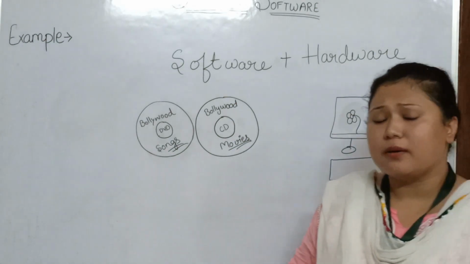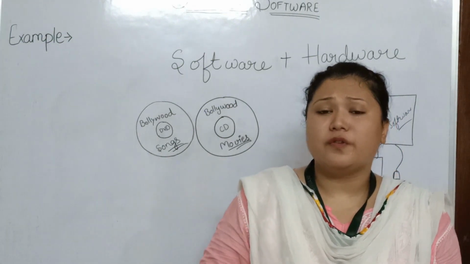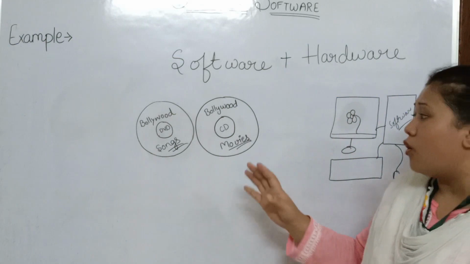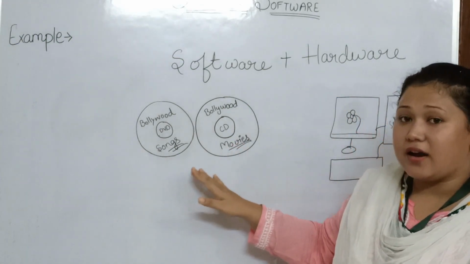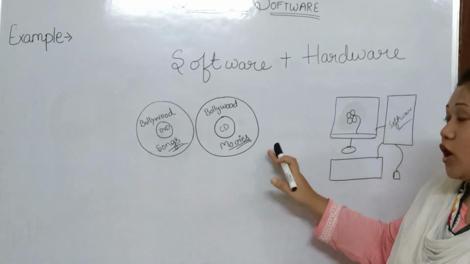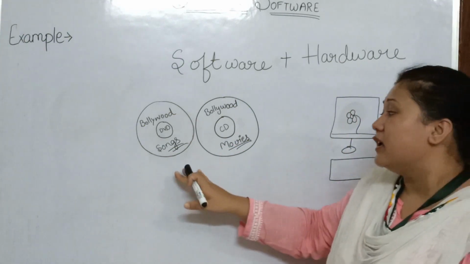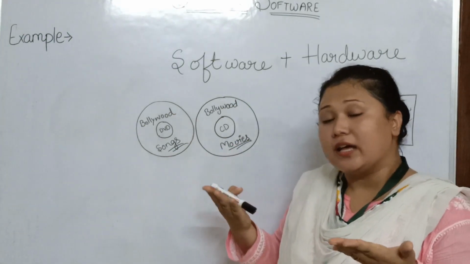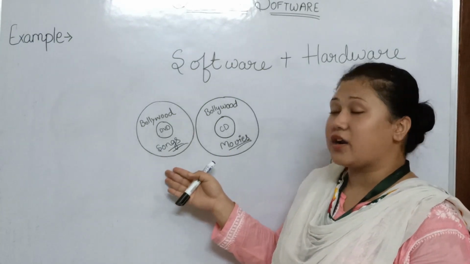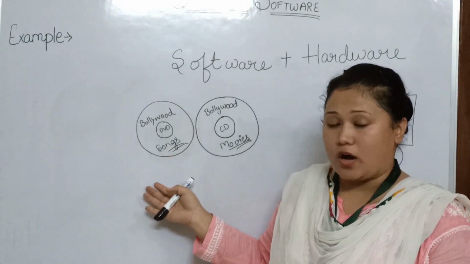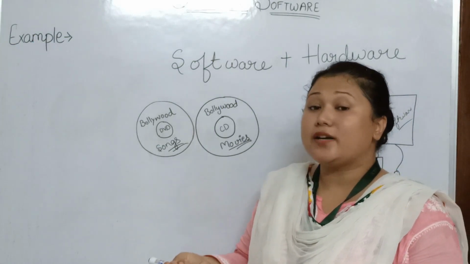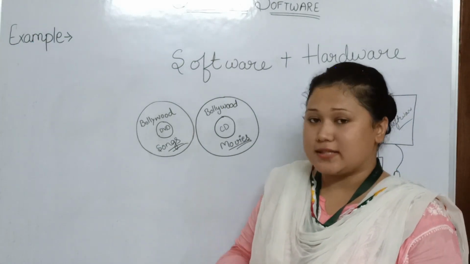Data can be music, movies or anything else. These devices are hardware because we can touch them, and the songs or movies which we have installed in these devices are called software because we cannot touch or see what kind of data is stored inside.